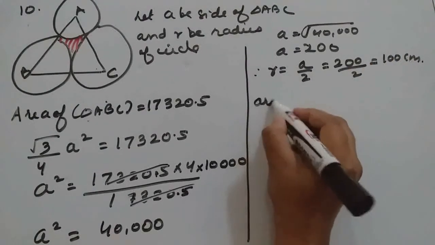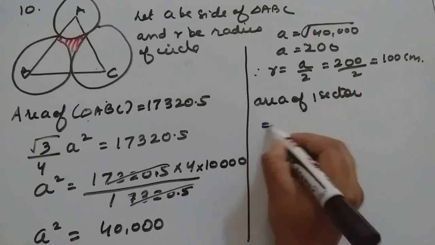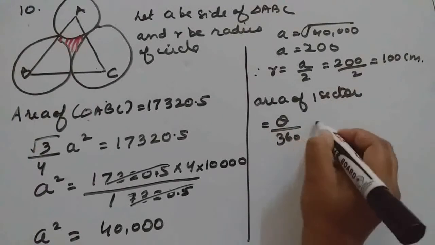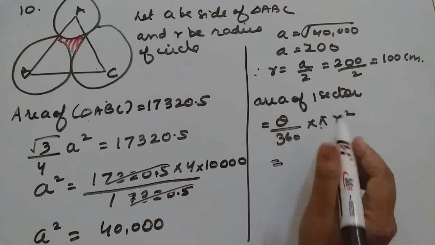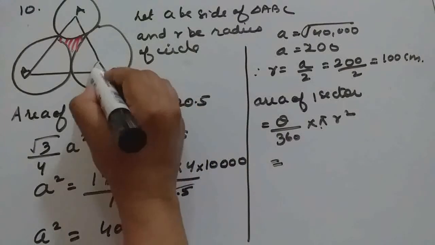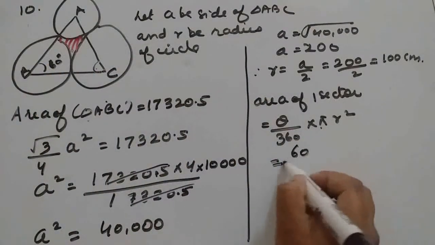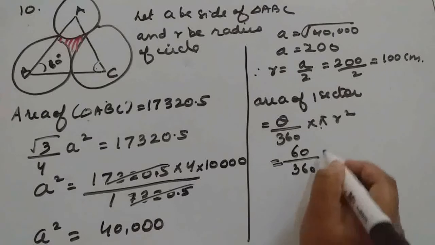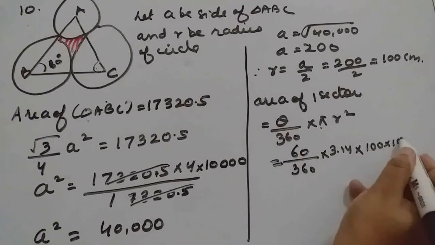So the area of one sector is given by theta by 360 into pi r square. Pi we should take as 3.14. Theta is 60, since it is an equilateral triangle. So 60 by 360, 3.14, 100 into 100.